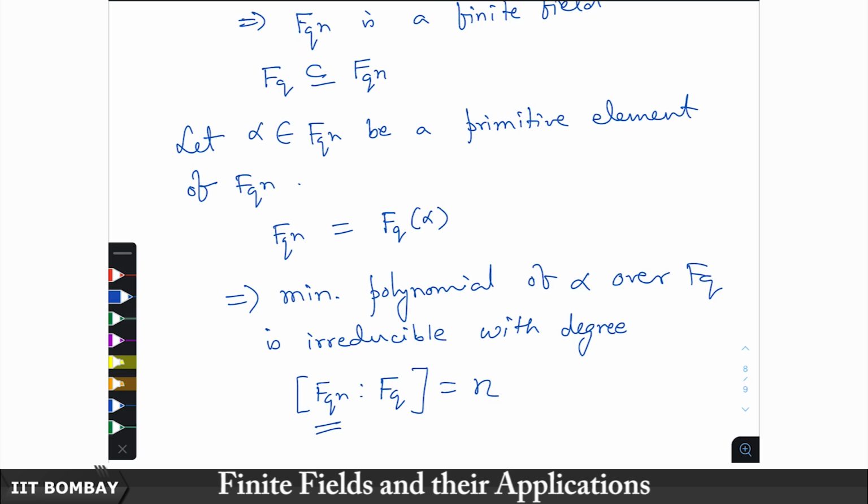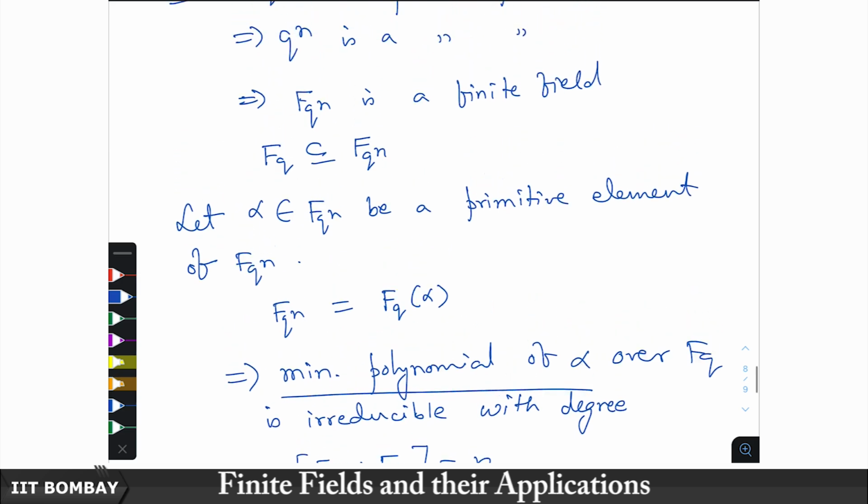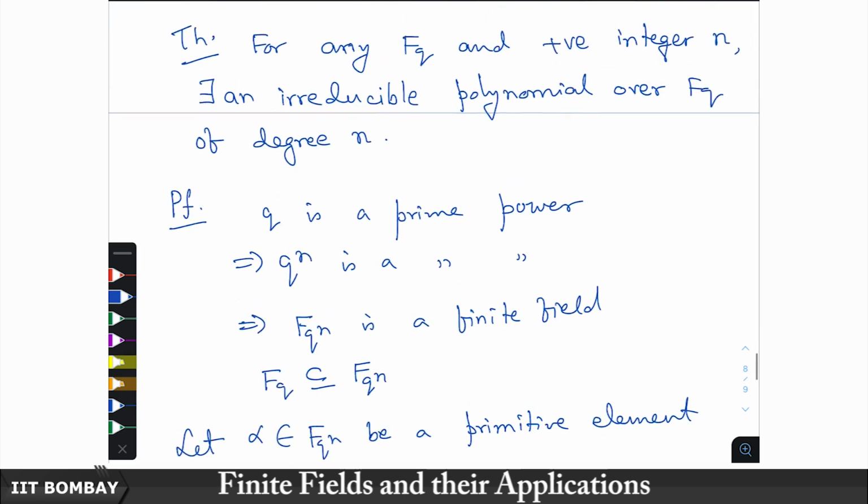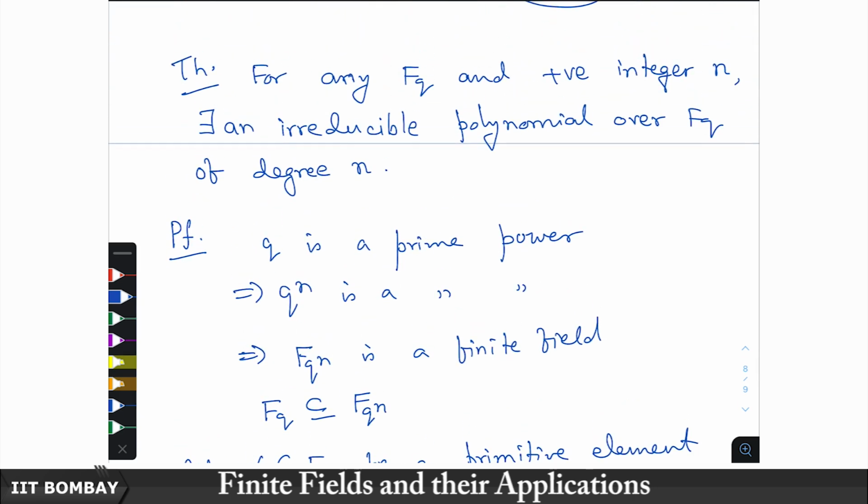The degree of this extension is n. So the minimal polynomial of alpha is exactly such a polynomial: an irreducible polynomial over F Q of degree n, and that is what we wanted to prove. So finally, we have proved that for every finite field F Q and every positive integer n, there is an irreducible polynomial over F Q of degree n.